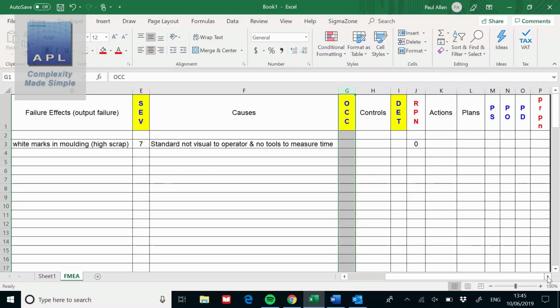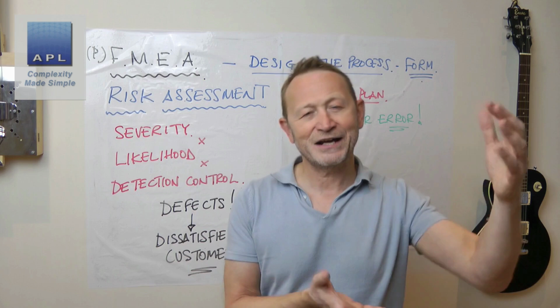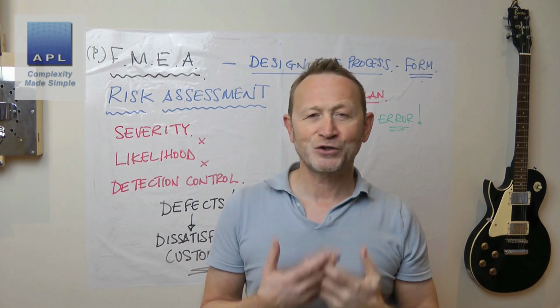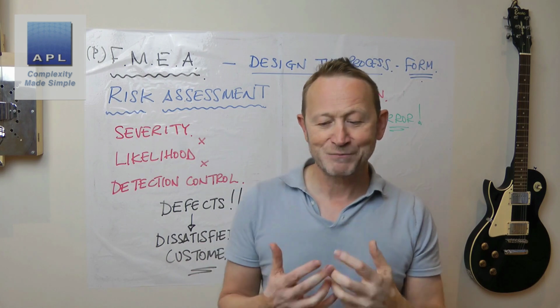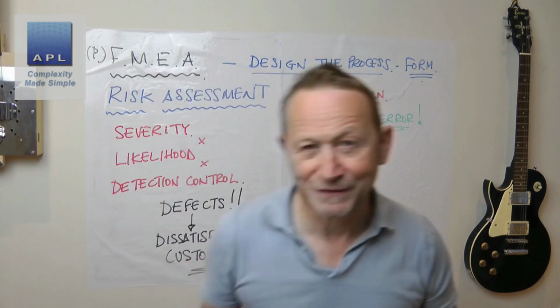How likely is this to happen? Now the occurrence, again, this has got a scale, and again it's normally 1 to 10. But let me show you the one that I recommend in my book, Drink Tea and Read the Paper.